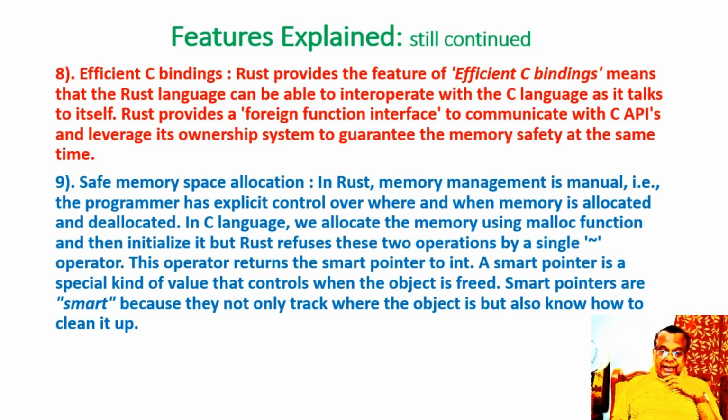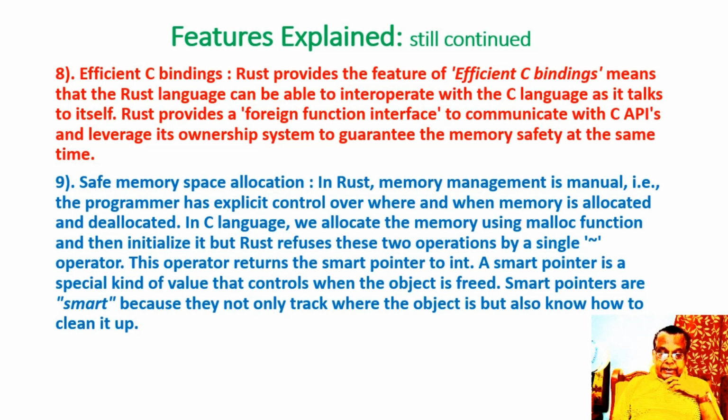Next, ninth point. The last point. Safe memory space allocation. In Rust, memory management is manual. That is, the programmer has explicit control over where and when memory is allocated and deallocated. In C language, we allocate the memory using malloc functions and then initialize it. But Rust fuses these two operations into a single tilde operator.